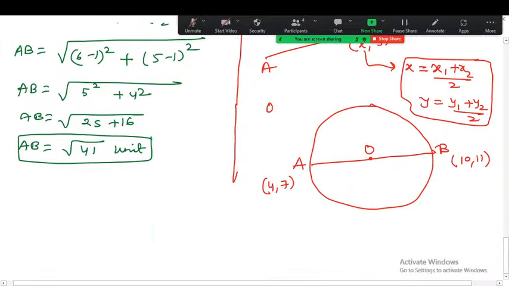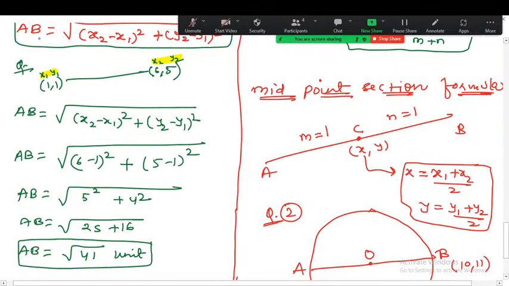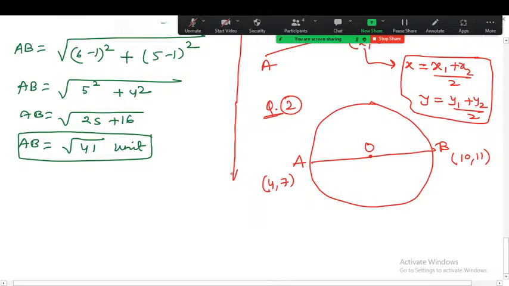Here, if I ask this question and I want you to answer the coordinate of center, can you tell me the answer?